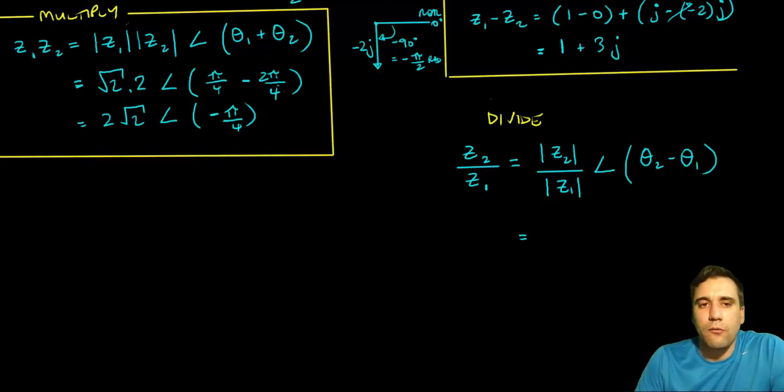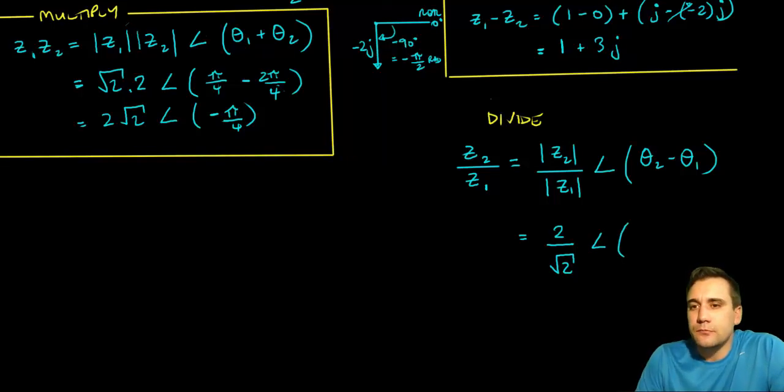We've already done the work of converting to polar, so we can just say that this is going to be 2 on root 2, at an angle of theta 2 minus theta 1. Now what was theta 2? It was negative pi on 2, so we've got that, minus pi on 4.